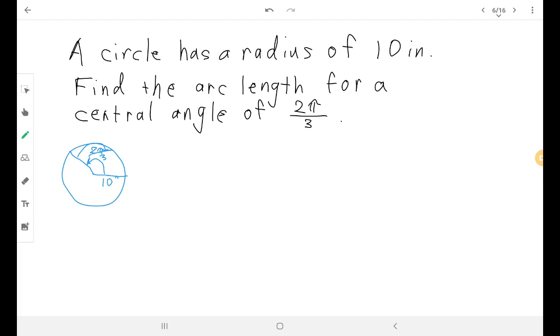We have arc length, which is represented by little s, and I tend to write it with a cursive lowercase s, mostly because sometimes when I write s's, people are like, why'd you write a 5? So this is just to avoid that confusion.